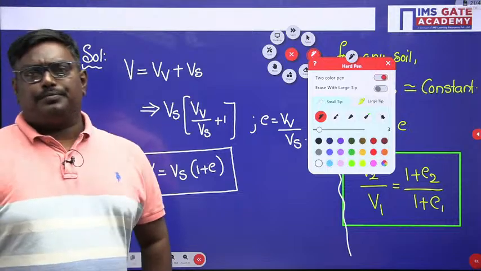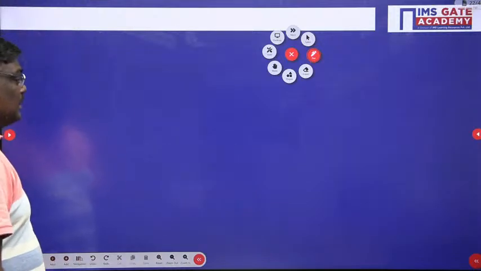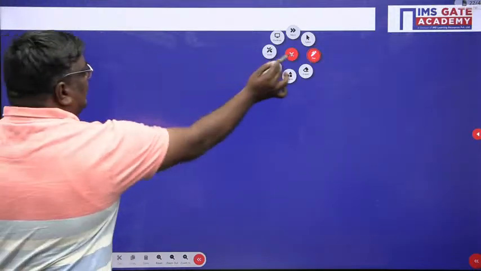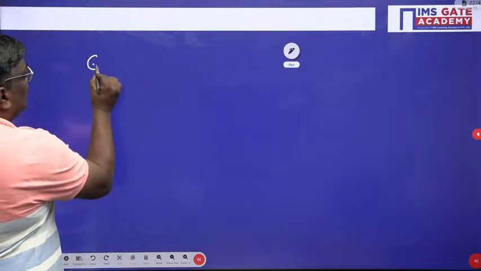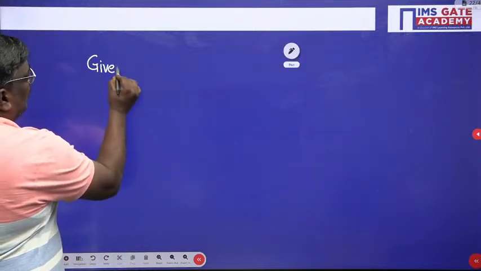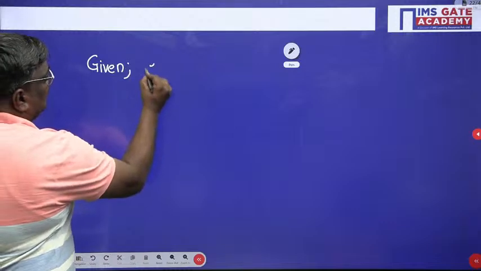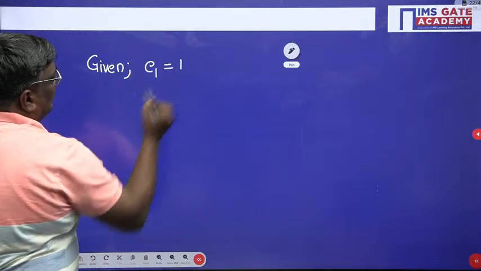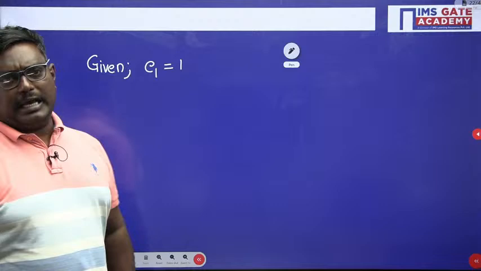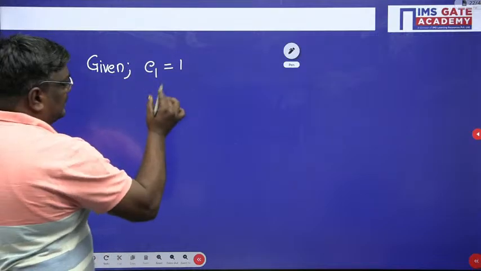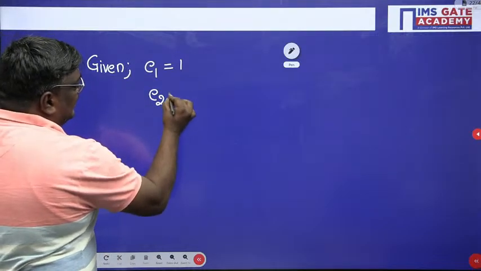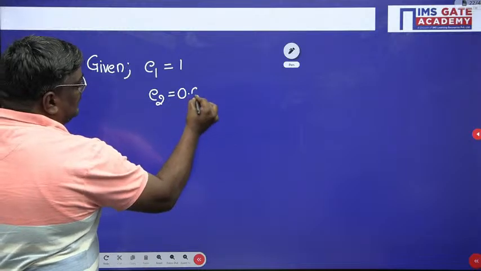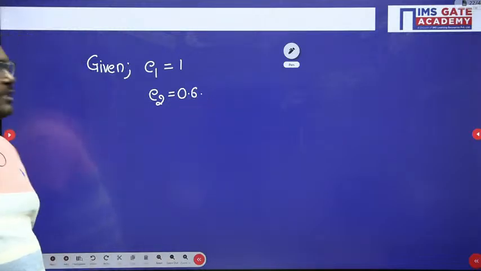Okay. Now see, sir. So what is the given data here? Given initial void ratio e1 is equal to 1. E2 is taken as 0.6. Agree? Now see, students.